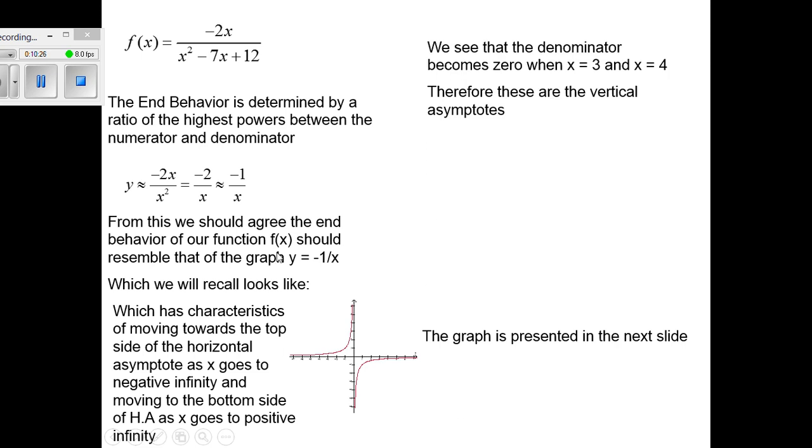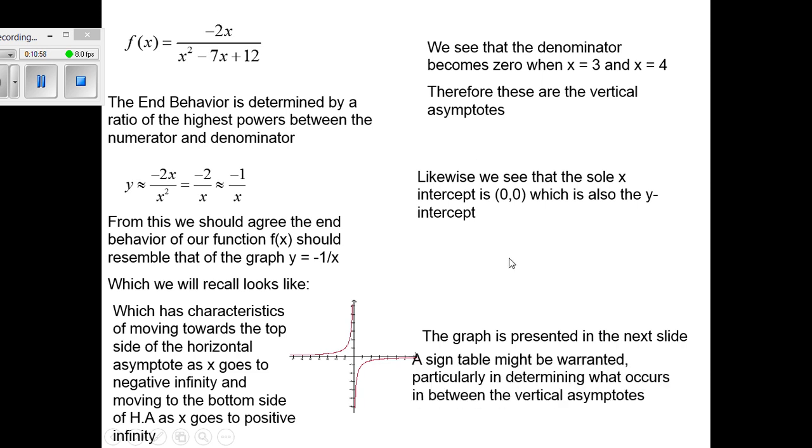We definitely see that this factor is in the denominator, which offers us asymptotes at 3 and 4. This is with the factors x minus 4, x minus 3. So we've got our vertical asymptotes at 3 and 4. If x is 0, y is 0, so we get the origin as our single intercept.